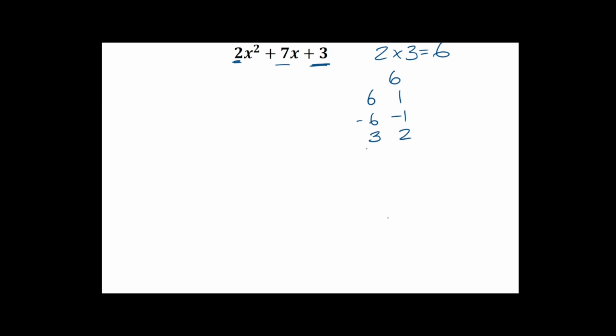That meets the criteria. And negative 3 and negative 2. But it's pretty obvious that 6 and 1 is our winner. I just wanted to show you all of the other permutations that there are.